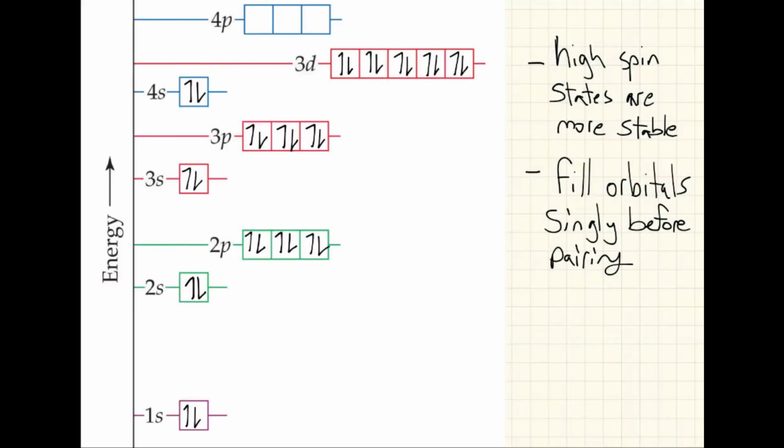And so we can start to build a picture in our minds of how these electrons are distributed and how a particular element might behave if it has, say, a high spin state in the d's. Wouldn't that mean I've got a lot of excess spin? Wouldn't that mean my element here would be magnetic? Yeah, so we've already started to understand how to predict magnetism in elements based on something like an electron configuration.